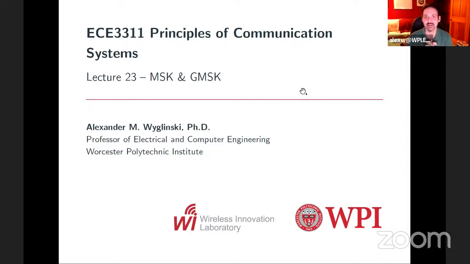All right. So today's lecture, we're going to be talking about a type of modulation scheme that is used frequently because it has a nice sort of continuous transition between one representation and another.